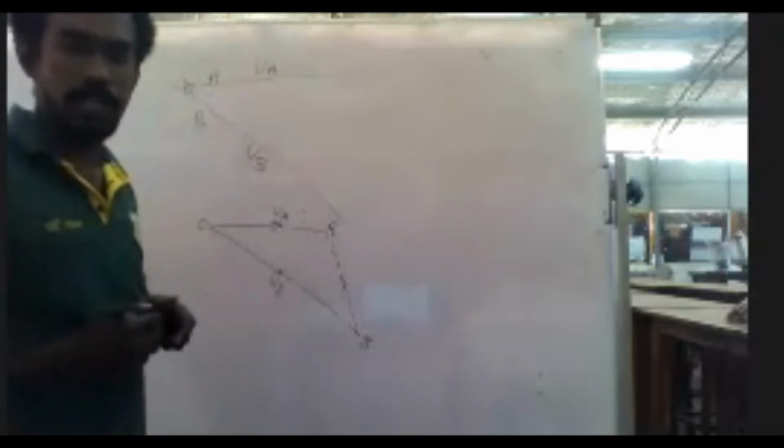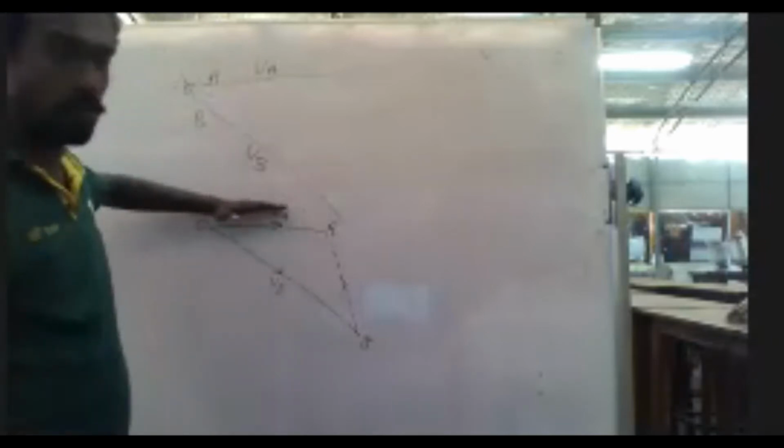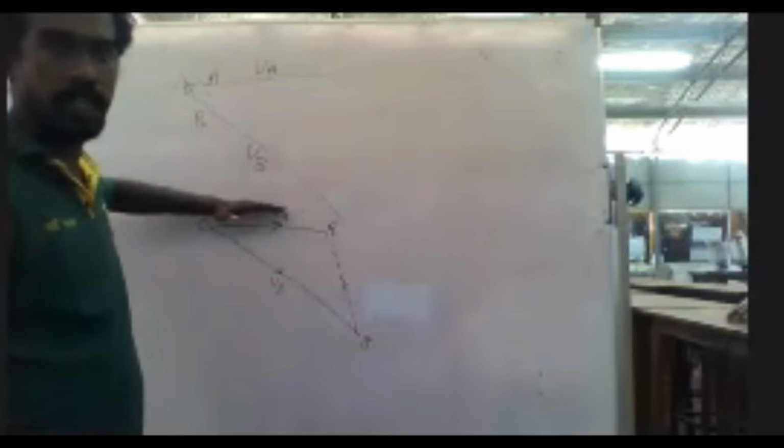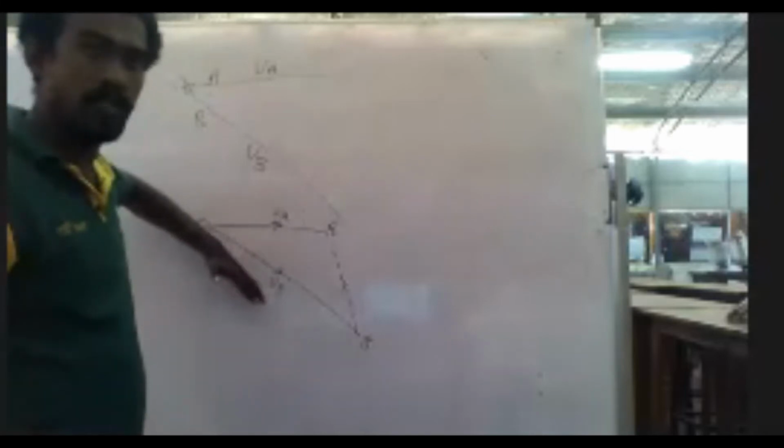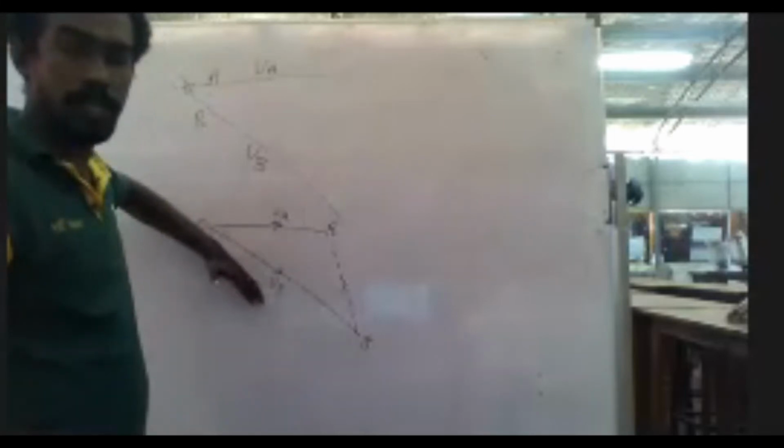Again, the concept is the same. A is moving this way with velocity VA. B is moving this way with velocity VB.